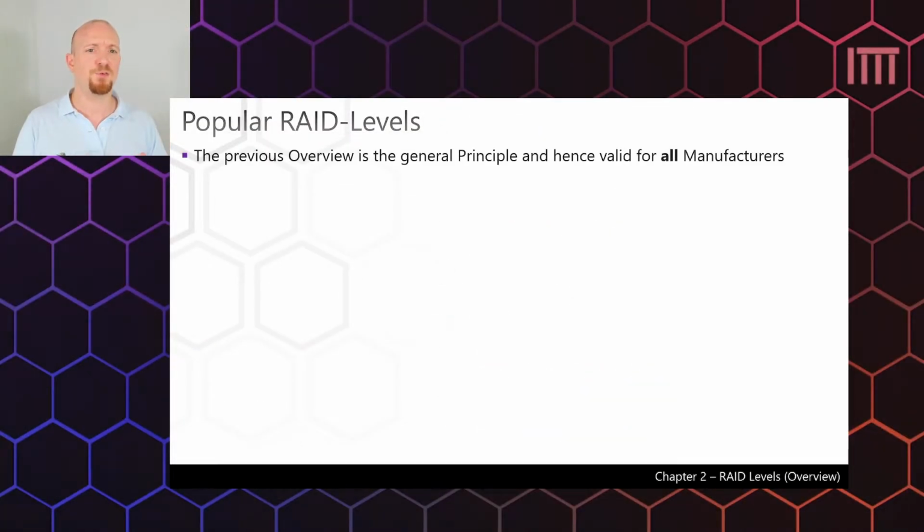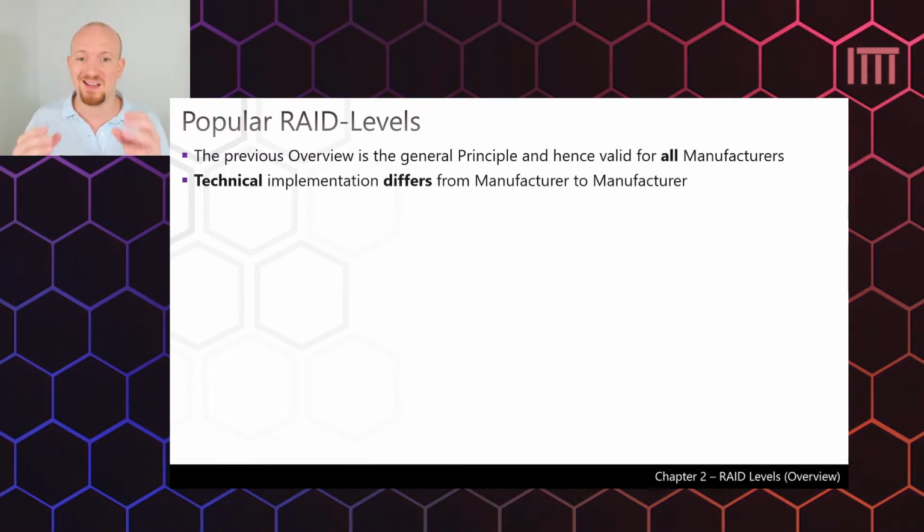The previous overview is just a general principle of how these RAID levels work, and it's valid for all manufacturers. So if I'm talking about the RAID 1, it's always mirroring. If I'm talking about the RAID 5, it's always a stripe set with parity. But the technical implementation may differ from manufacturer to manufacturer.